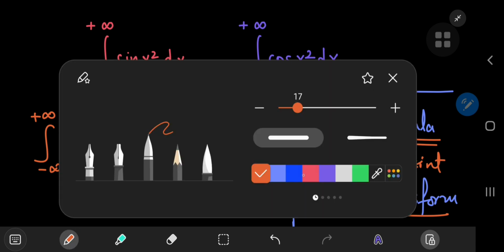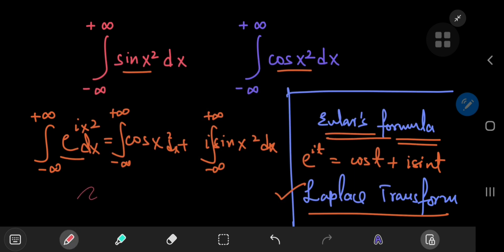So let's define an integral function I of t. Now, this function is not as extravagant as the integral function defined in that Feynman integration video. So here we have I of t defined as the integral from negative to positive infinity of e to the ix squared times t. So we've introduced the parameter as part of the argument of the exponential function.